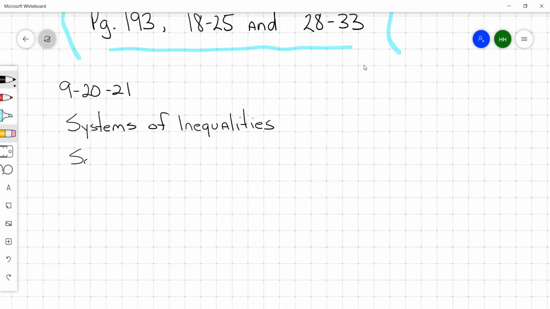We're going to solve a system by graphing. Solving a system by graphing.